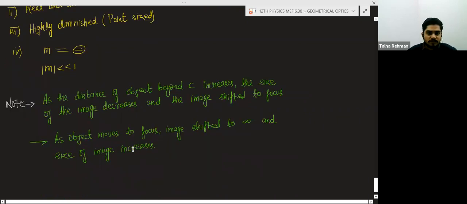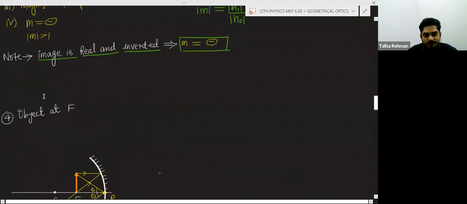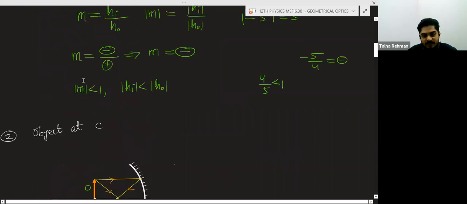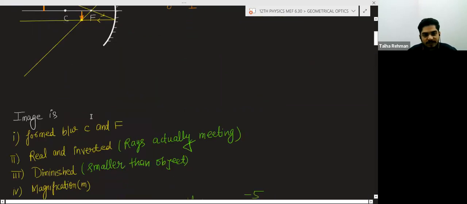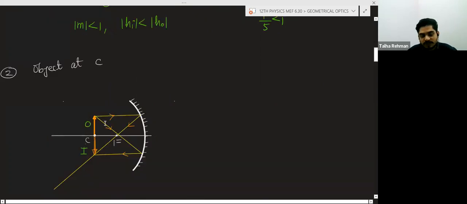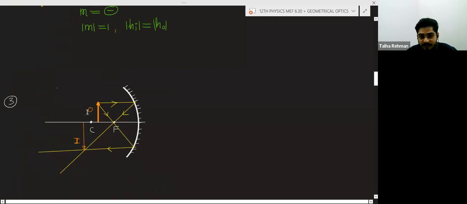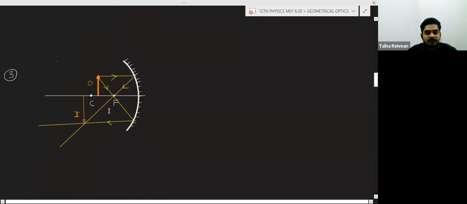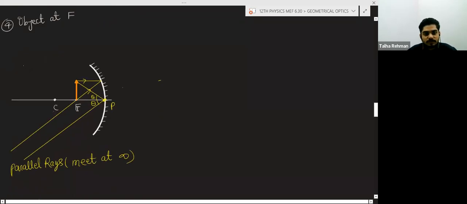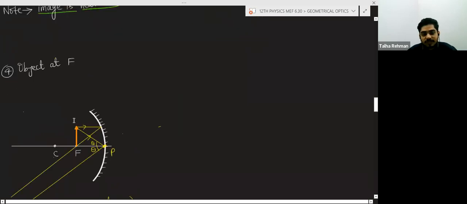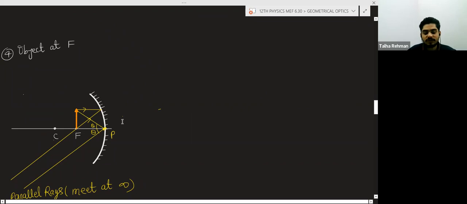So you can see here the object is shifted to the focus. See, size of the image is this, again the size of the image is a little increased, object is shifted to this side, the size of the image is again increased, and when the object is shifted again to the focus, the size of the image is increased very much.